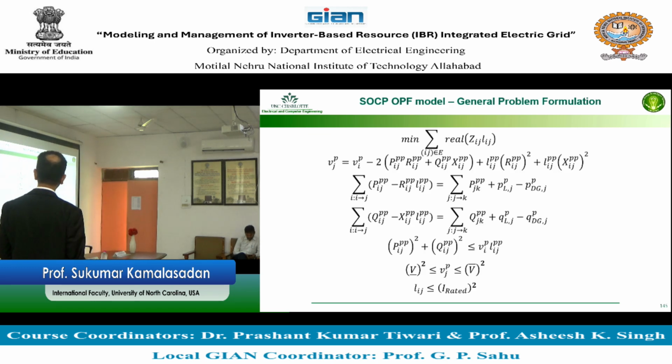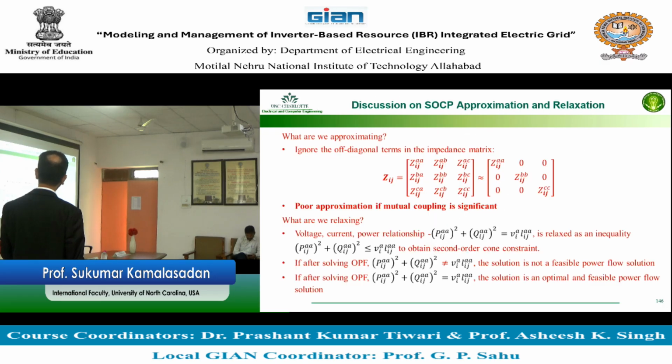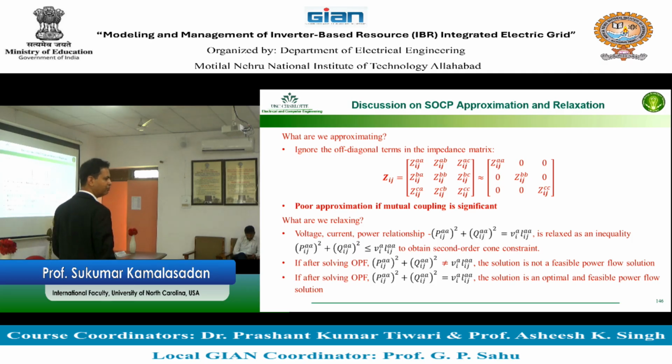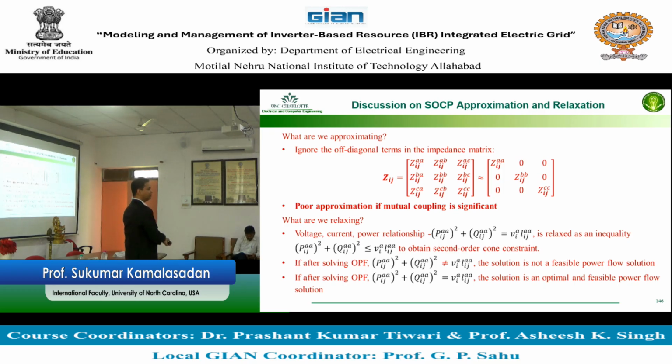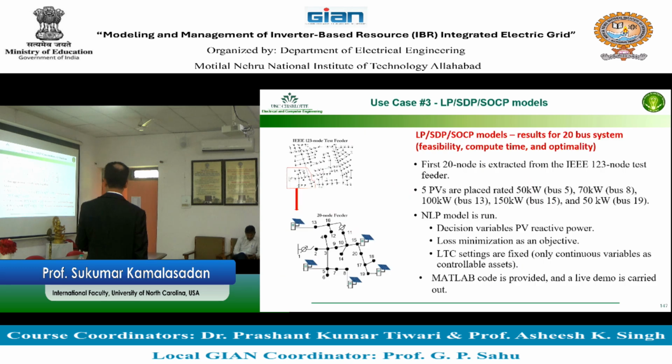If you have a cone function, you can solve that cone equation with the help of a solver for cones. There is a classical representation of how to solve a cone function. If you do that, you will be able to get a feasible solution.